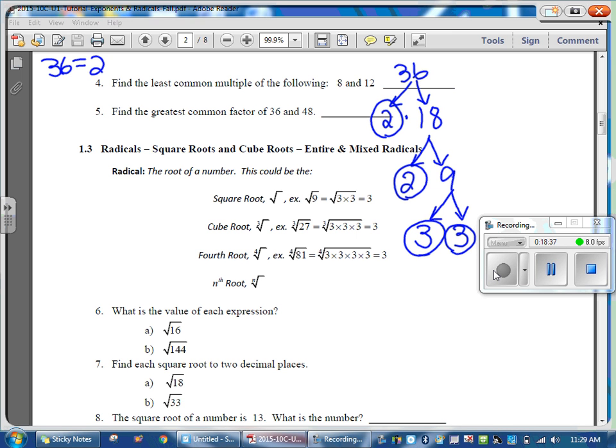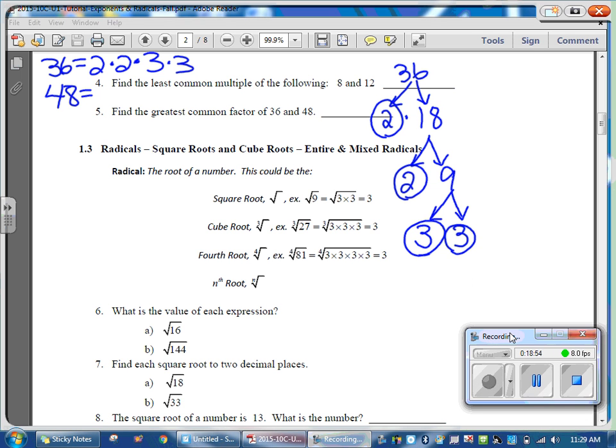I'm going to do the exact same thing for 48, and I'm going to write my number underneath it. 48, I'm going to put over here. Again, it's an even number. Start dividing by 2.